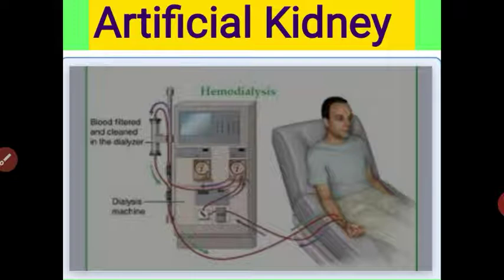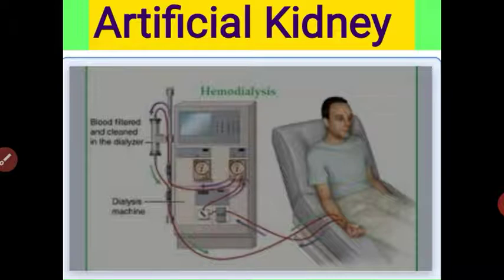At that time the doctors suggest dialysis. This is the dialysis machine. With the help of this machine we can purify the blood. The blood passes from the person's renal artery to this machine.